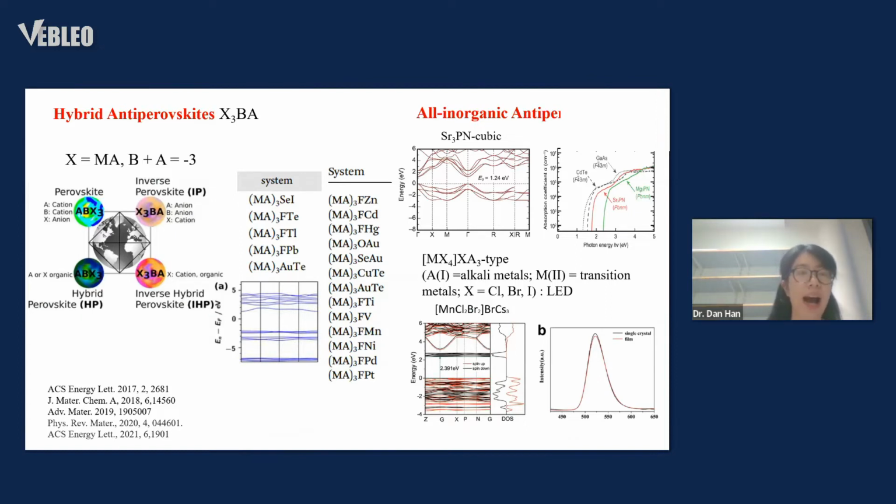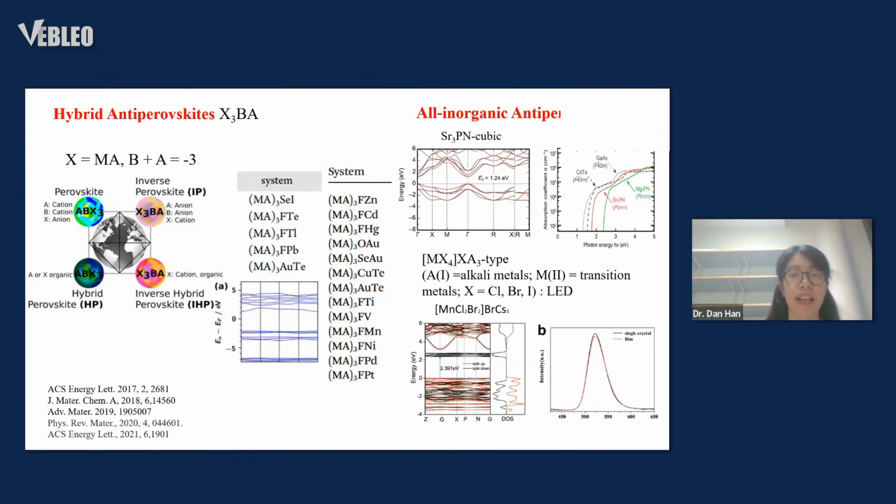Compared to the flat band dispersions of hybrid antiperovskite, all-inorganic antiperovskite shows much improved band dispersion and also has high optical absorption, which are desirable for photovoltaic applications.